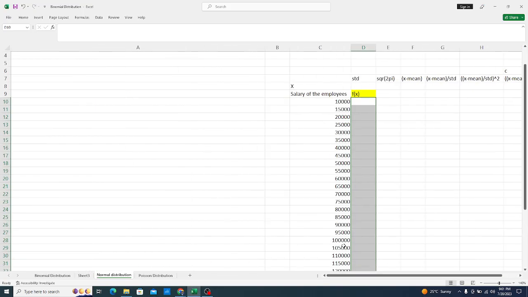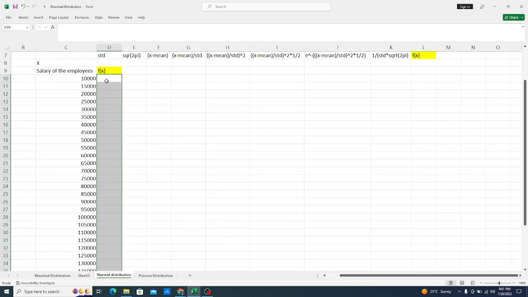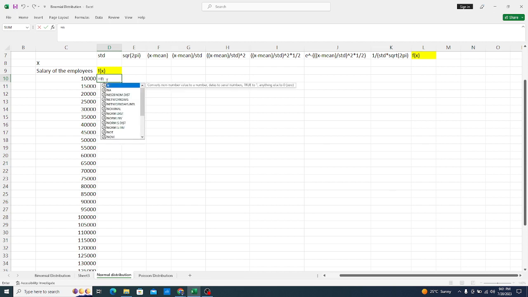So with that, I'm going to use the inbuilt function known as NORM.DIST. NORM.DIST will return the normal distribution for the specified mean and standard deviation. So now we are going to use this normal distribution.